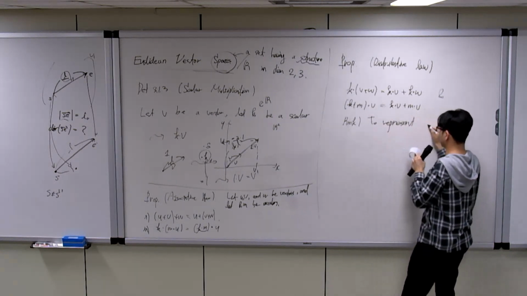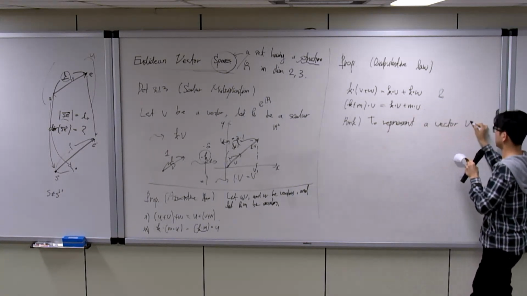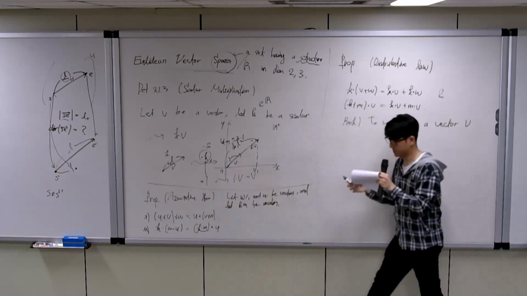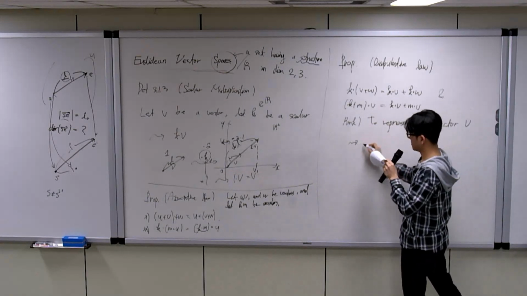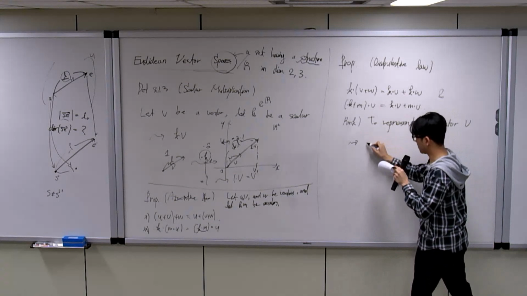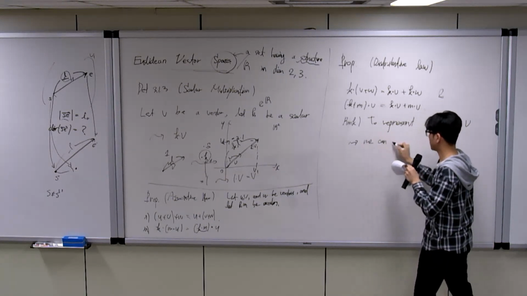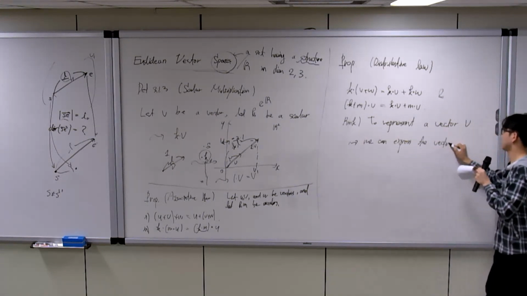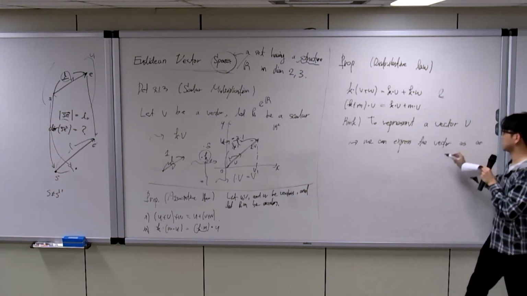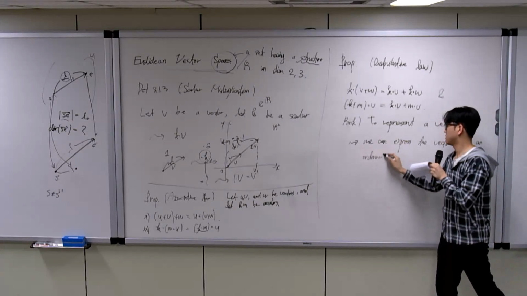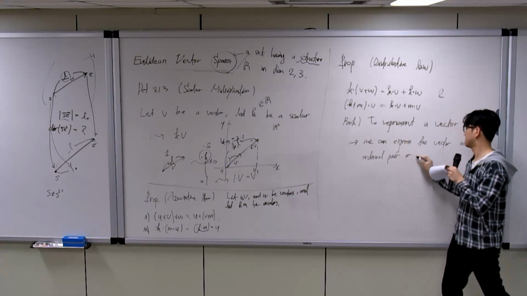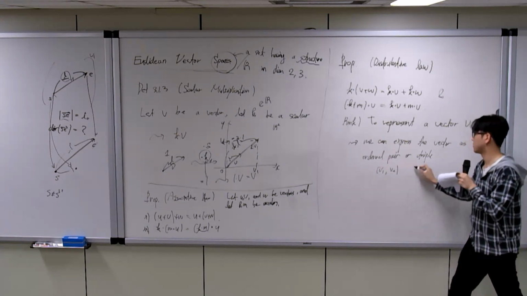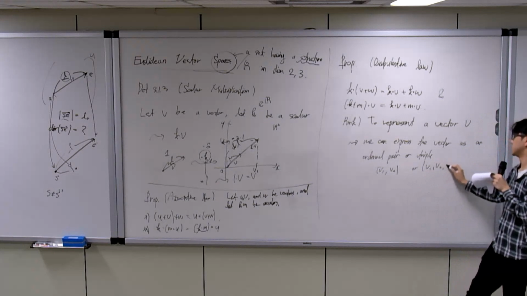Represent a vector v in two-dimensional or three-dimensional space with the initial point at 0, and we can express the vector as an ordered pair or triple, like v1, v2, or v1, v2, v3.